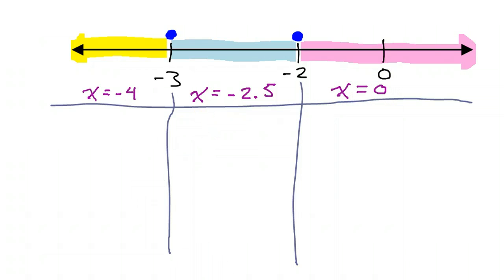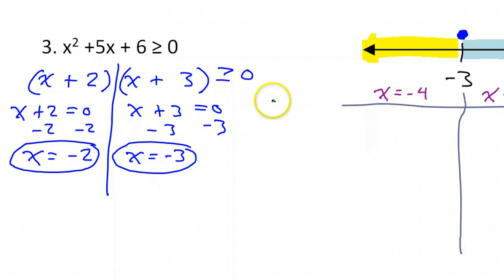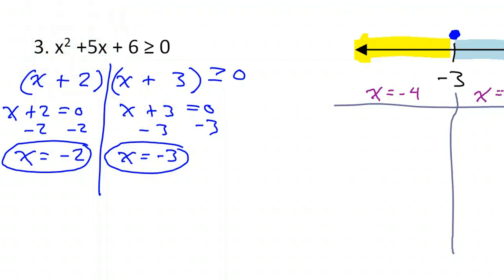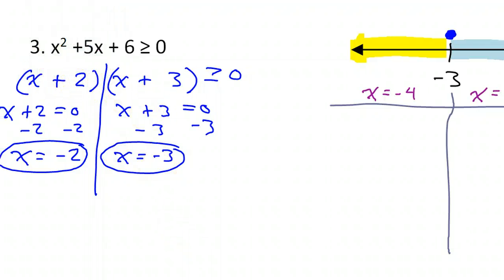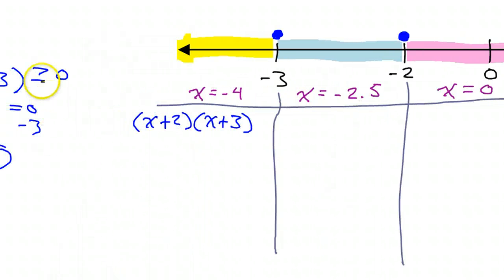Also, when I substitute these test values back into the inequality, I like to use the factored form. So I'm going to use this form right here. It just makes more sense to me. So x plus 2 times x plus 3 greater than or equal to 0.